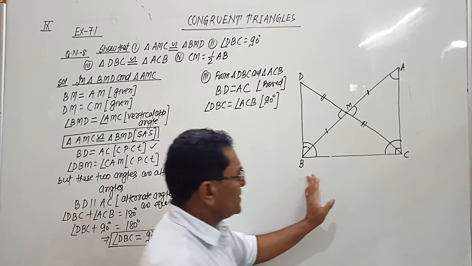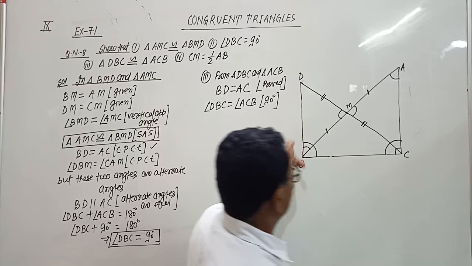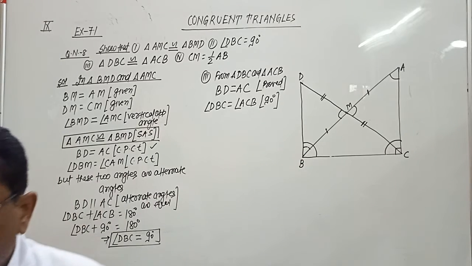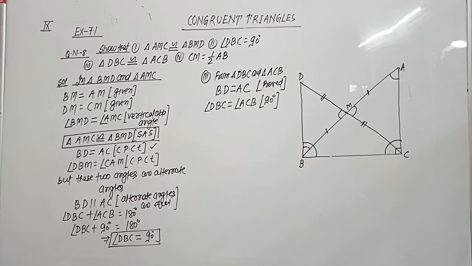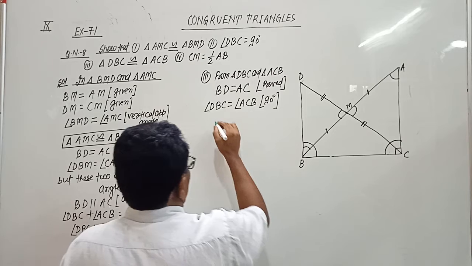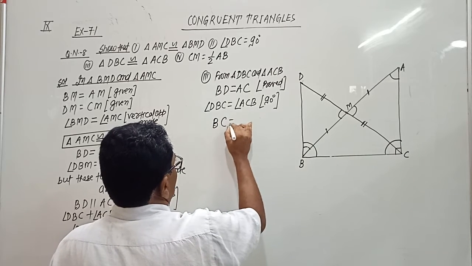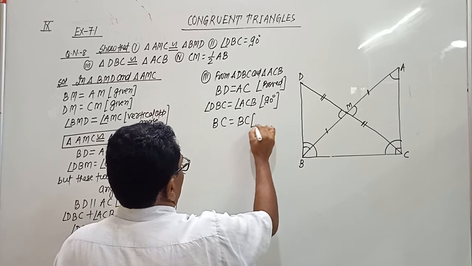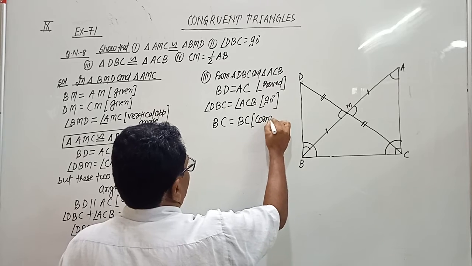And side BC is common for both the triangles. For triangle DBC and triangle ACB, the side BC is common. So side BC equals BC, common side.